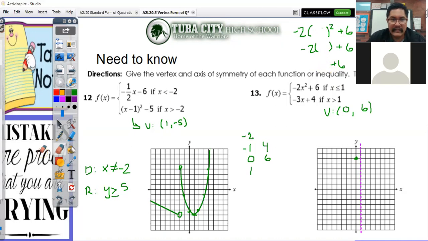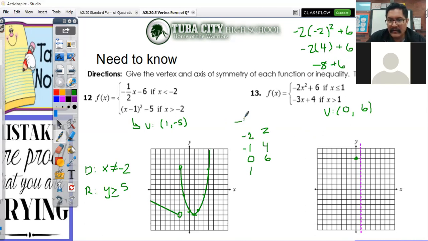Let me erase that and get ready for the next one. In this case, we need -2. So -2 squared is +4 because -2 times -2 is +4. And this would be -2 times 4, which is -8. So this would be 2.